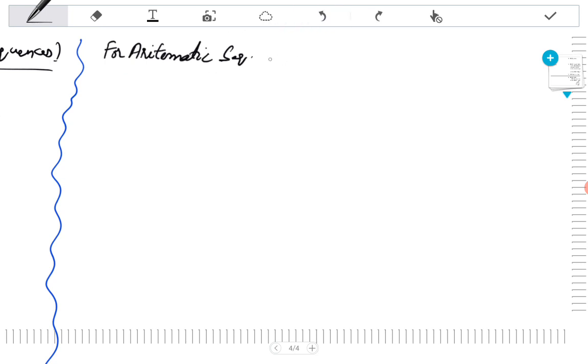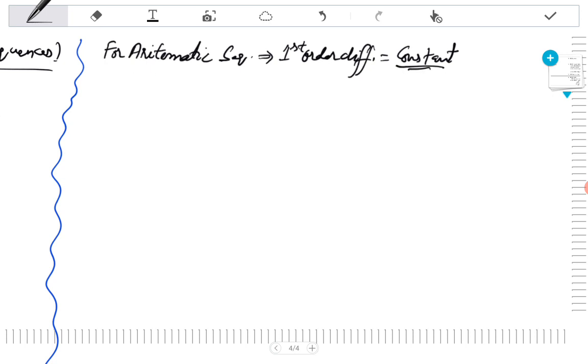For an arithmetic sequence, the first order difference is constant, and it becomes the coefficient of n.